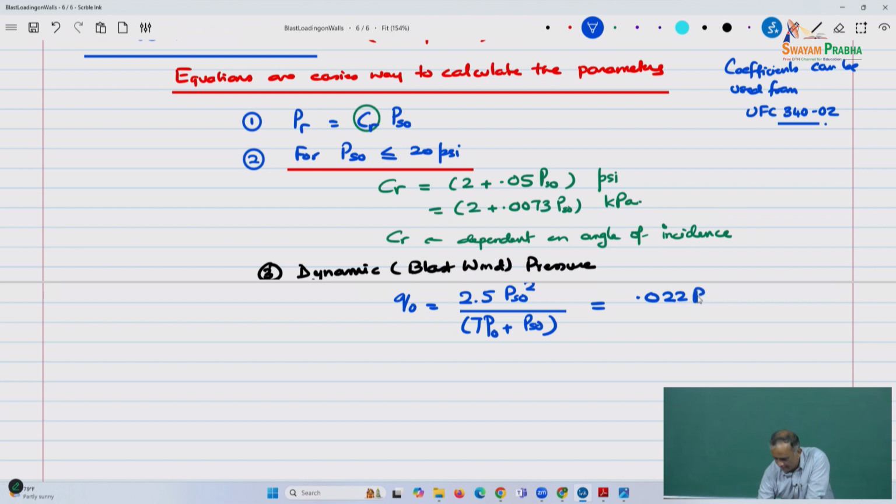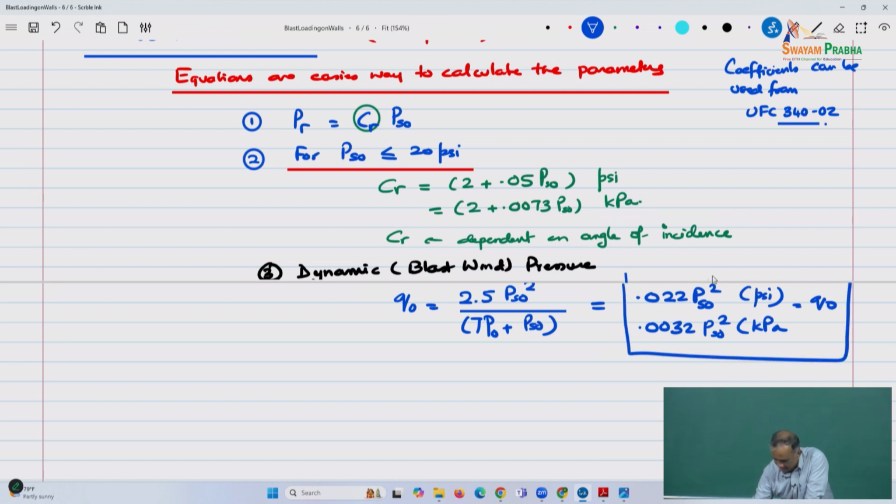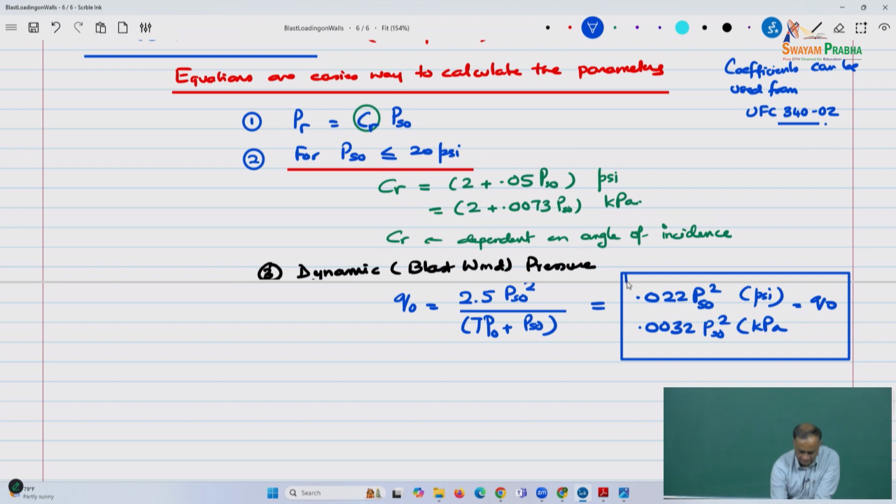This is 0.022 PSO square in PSI, or 0.0032 PSO square in kPa. So for Q naught, I'd use these expressions. Then the next quantity, P naught, is the ambient air pressure.